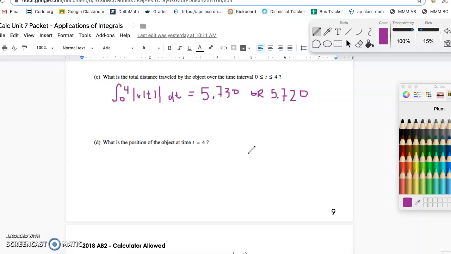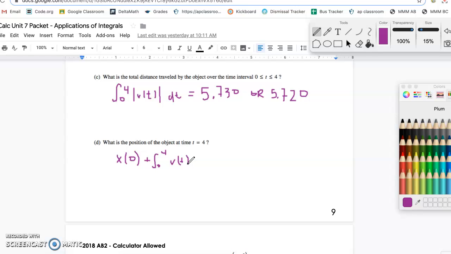Now, last question, position at time equals 4. What we're going to do here is take our position at t equals 0, so x of 0, plus the integral from 0 to 4 of v of t. If I remember correctly, x of 0 is negative 2. Sorry if I didn't remember that correctly.